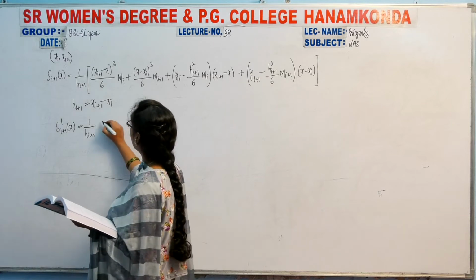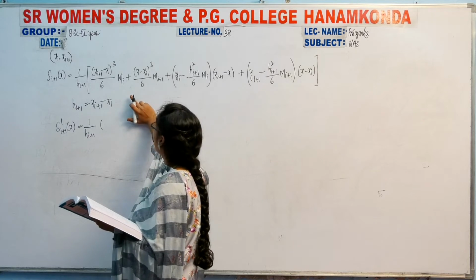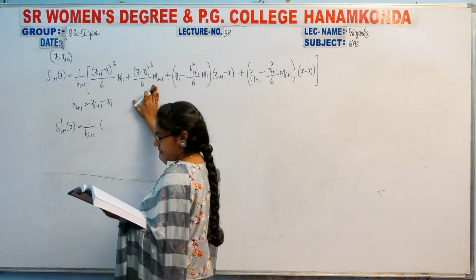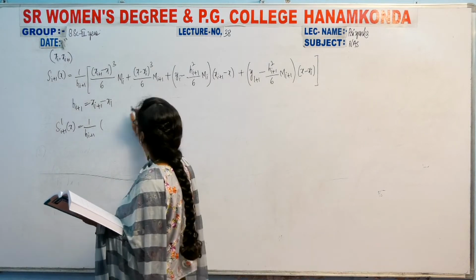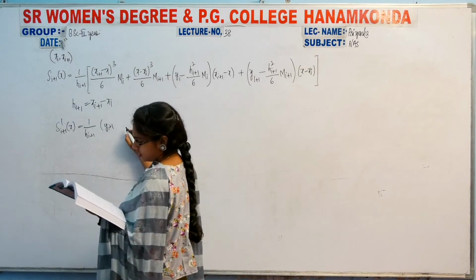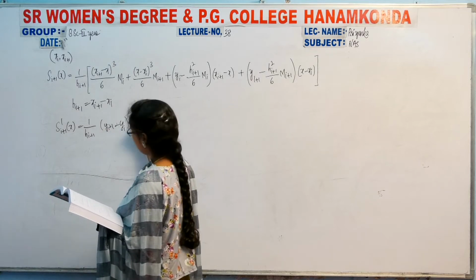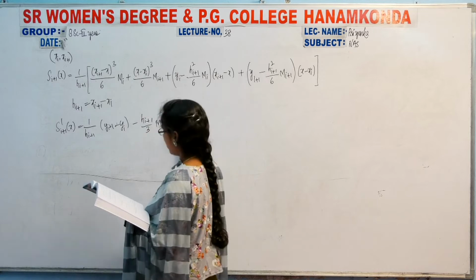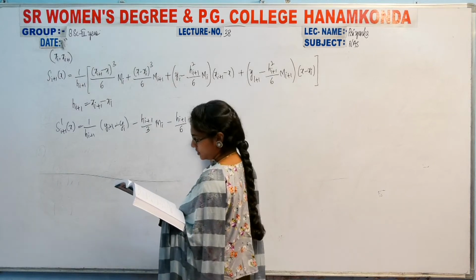Okay, so then what we'll get? x equal to xi means obviously this one will be eliminated. Okay, it vanishes. So next the remaining values here I am writing. Write down yi plus 1 minus yi minus hi plus 1 by 3 mi minus hi plus 1 by 6 mi plus 1.